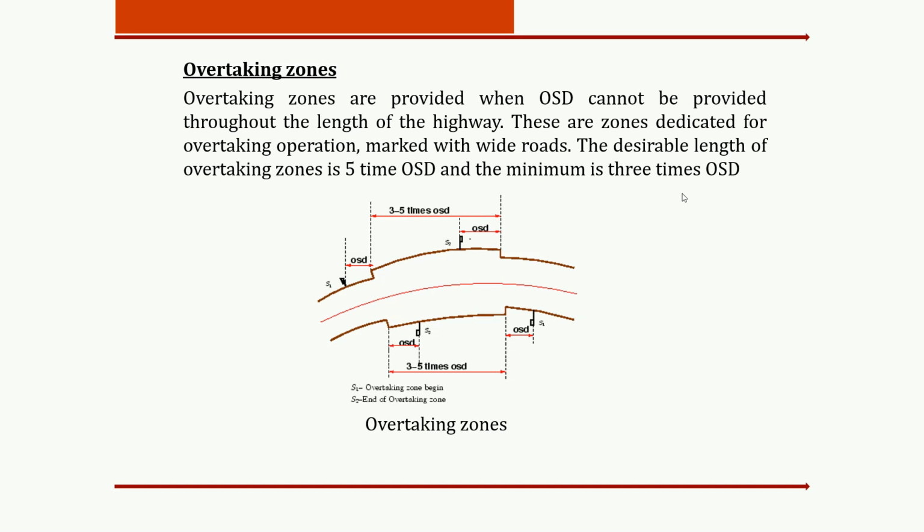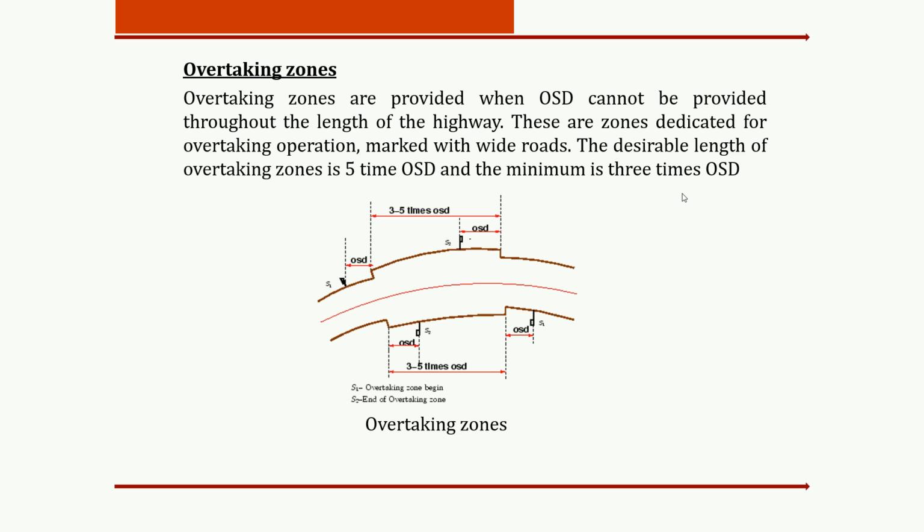Now we are going to discuss the overtaking zones. What do you mean by overtaking zones? Basically, overtaking zones are provided when OSD cannot be provided. If you consider the topographical area, in some cases it is possible to provide the overtaking zone, but in some cases it is not possible on the highway.